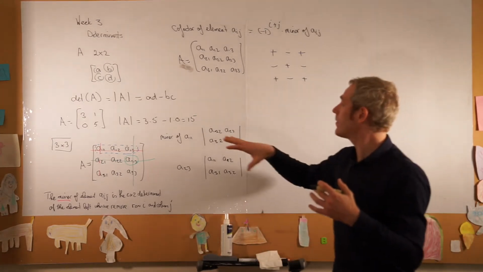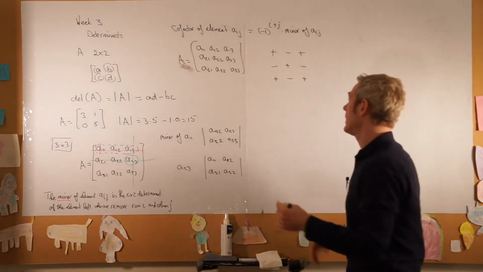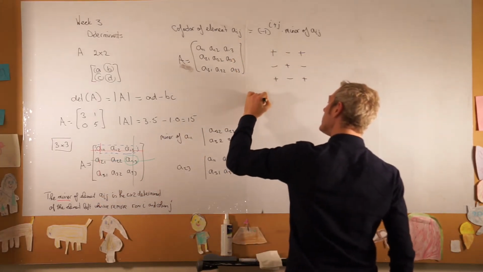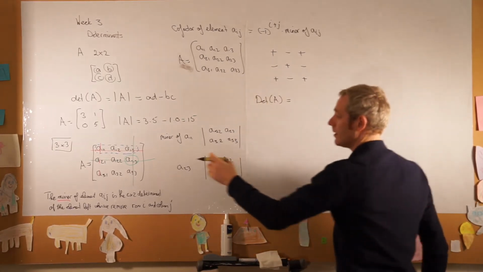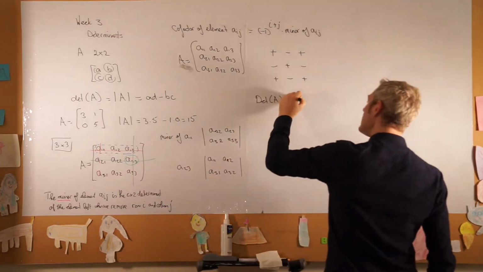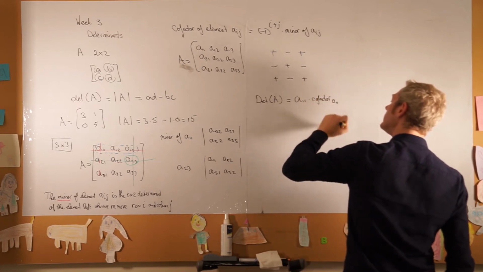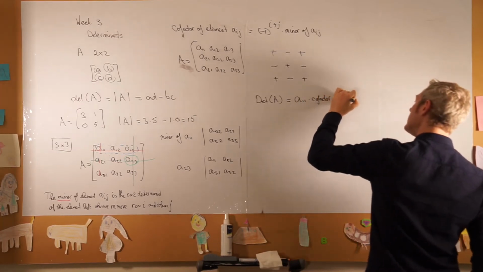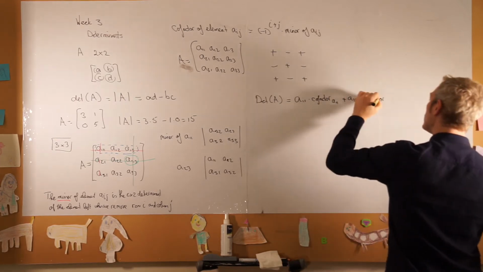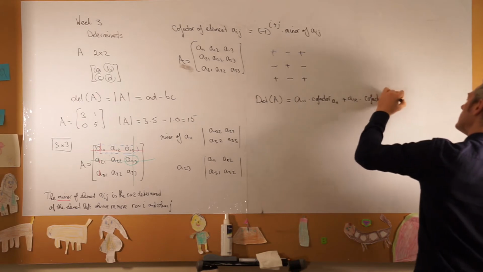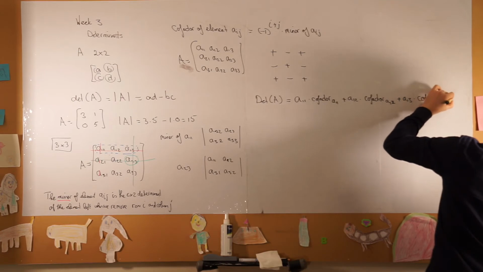So we have the matrix A itself, we know what a minor is, we know what a cofactor is, then the determinant of matrix A is given by, and remember we selected this first row, A11 times the cofactor of A11 plus A12 times the cofactor of A12 plus A13 times the cofactor of A13.